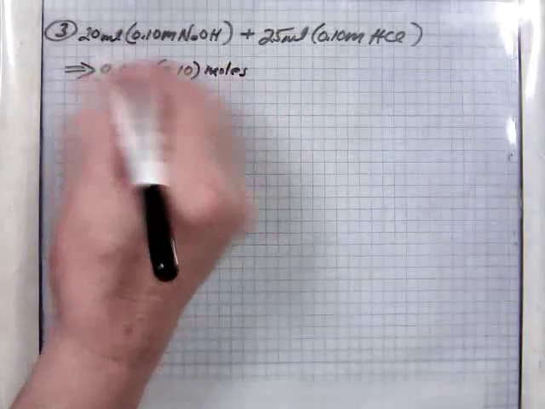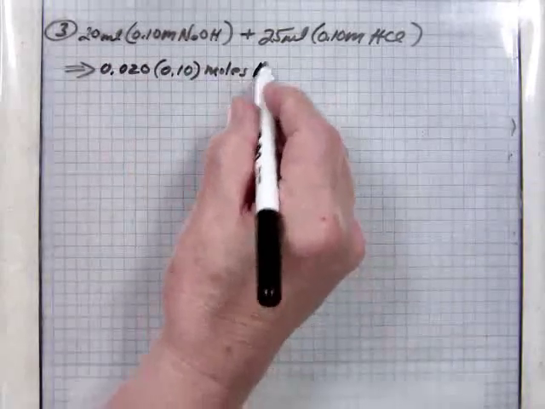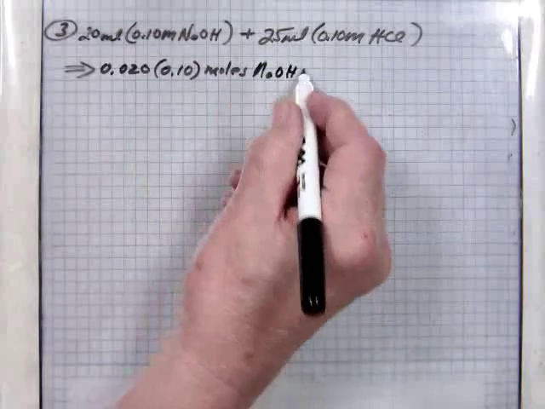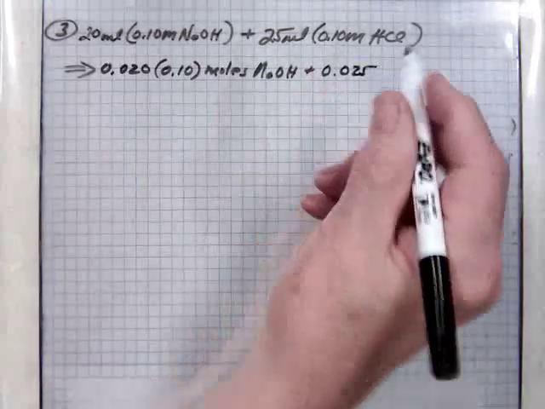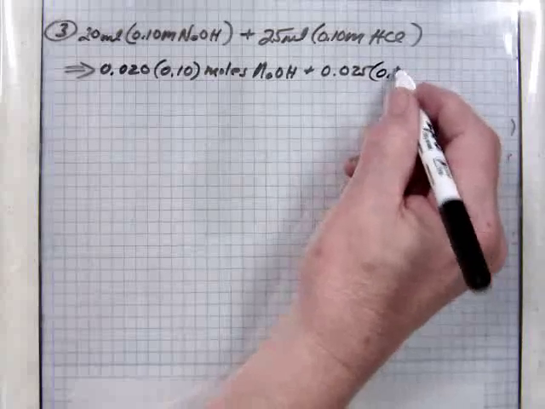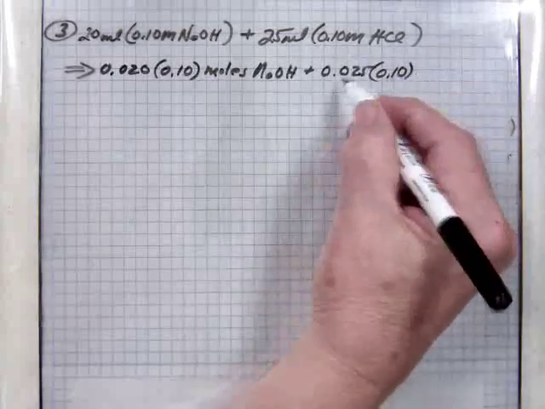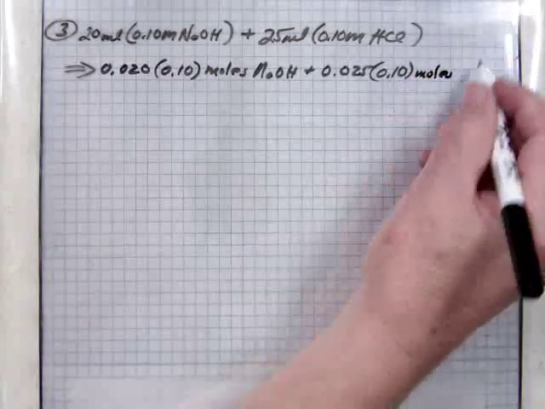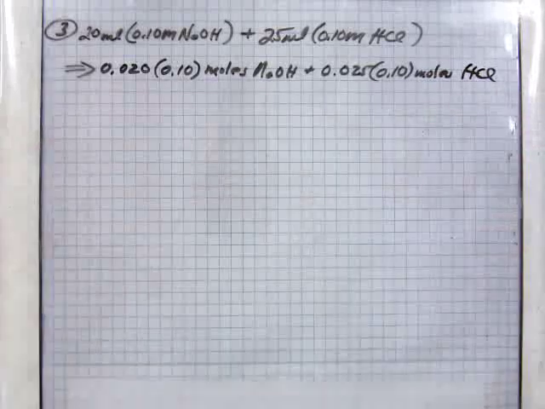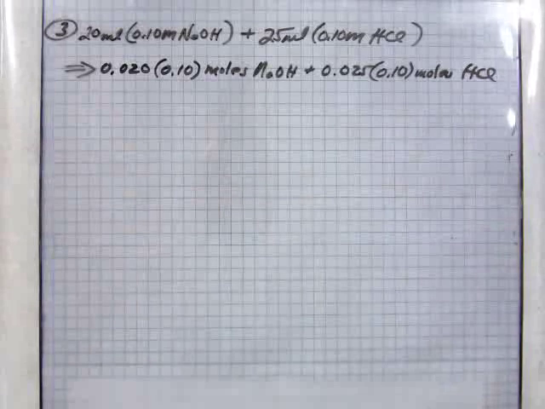This is solution data, but molarity times volume gives you moles of sodium hydroxide. And you're adding that into 0.025 liters of 0.10 molar, which gives you those 2 times moles of HCl. I'm just taking the data and then converting to moles in the next step.